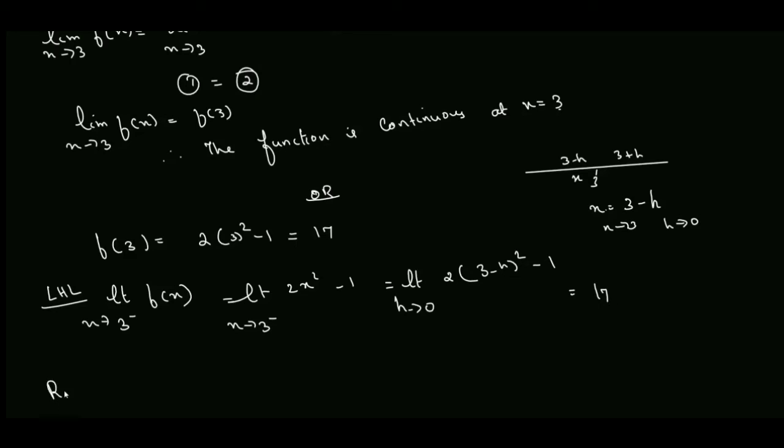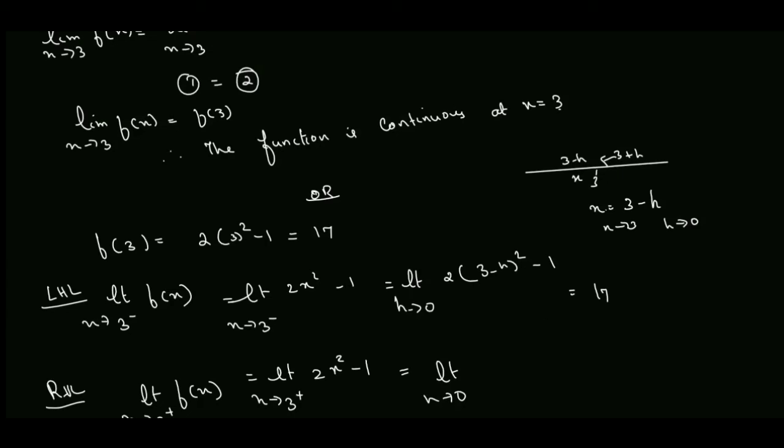So the right hand limit is limit x tends to 3 plus of f of x, that is limit x tends to 3 plus of 2 into x square minus 1. So you have to write the right side as 3 plus h. When x approaches 3, h will tend to 0, isn't it?